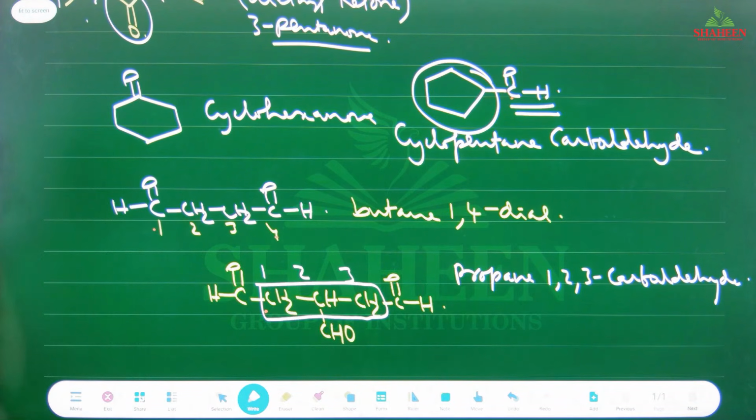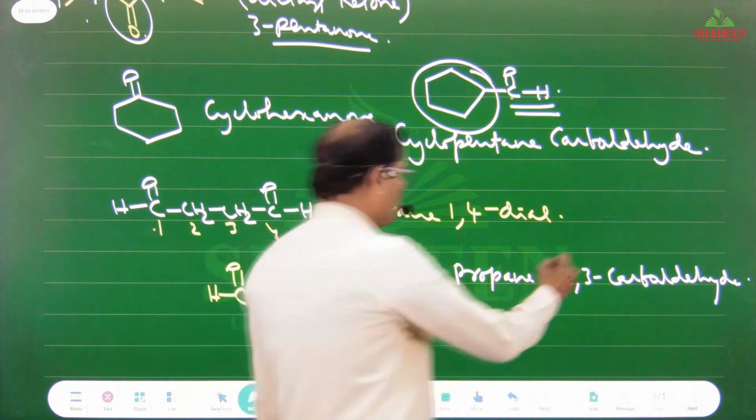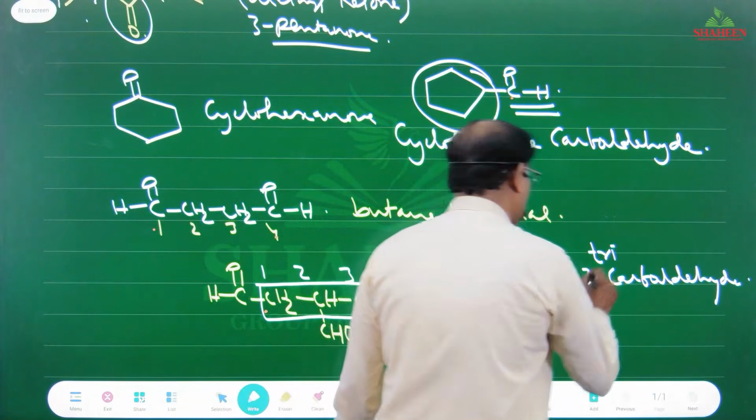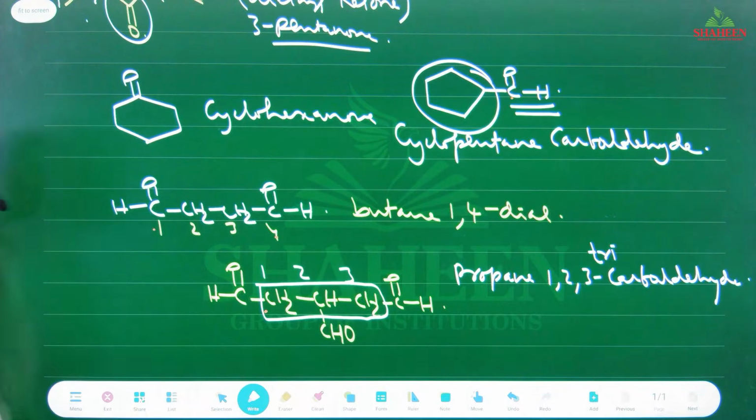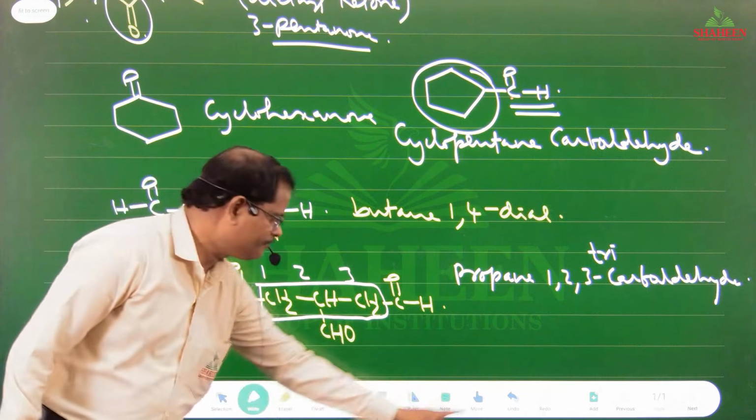Three aldehyde functional groups are there, that is why tricarbaldehyde: propane-1,2,3-tricarbaldehyde.